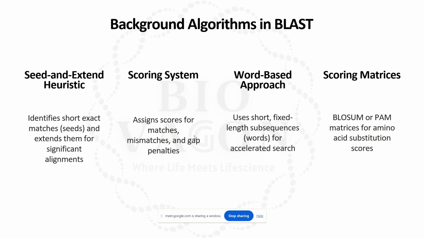And the scoring matrices are BLOSUM and PAM. BLOSUM is the Blocks Substitution Matrix, and PAM is Point Accepted Mutation. These two are the major algorithms which work in the background. Based on these algorithms, there are some biostatistics happening in the background of the BLAST.